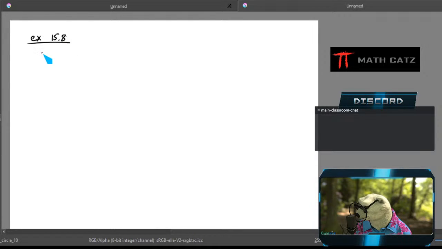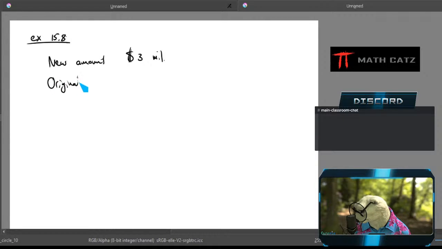translation aspect. So I have a budget that is sort of the new amount, I'll call it. The new amount is 3 million. And then I don't know the original, last year's budget, original amount. So this year, ooh, my writing is terrible.